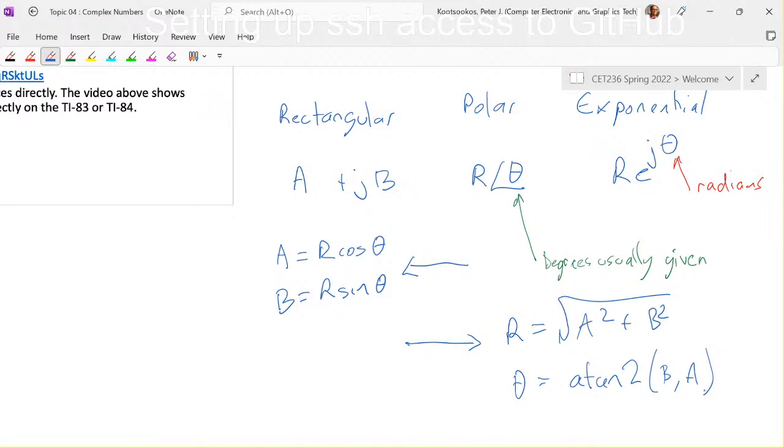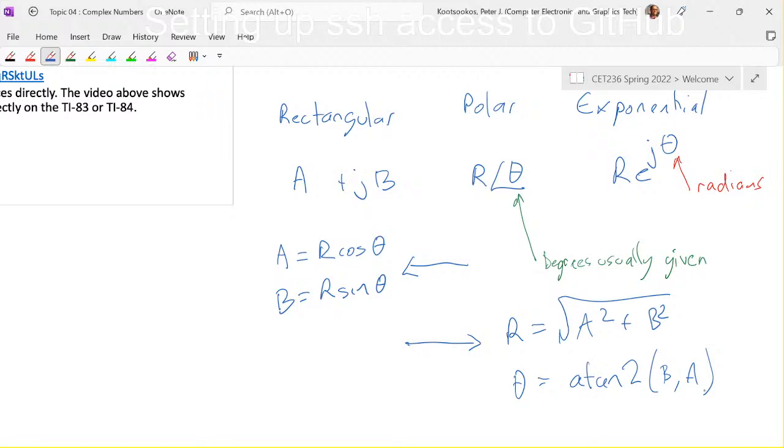So there's yet another problem. Most of you have TI-83 or TI-84 calculators. They're good calculators. They have one fundamental flaw for this course. That fundamental flaw is, even though they'll let you do matrix operations, they won't let you do complex matrix operations directly.